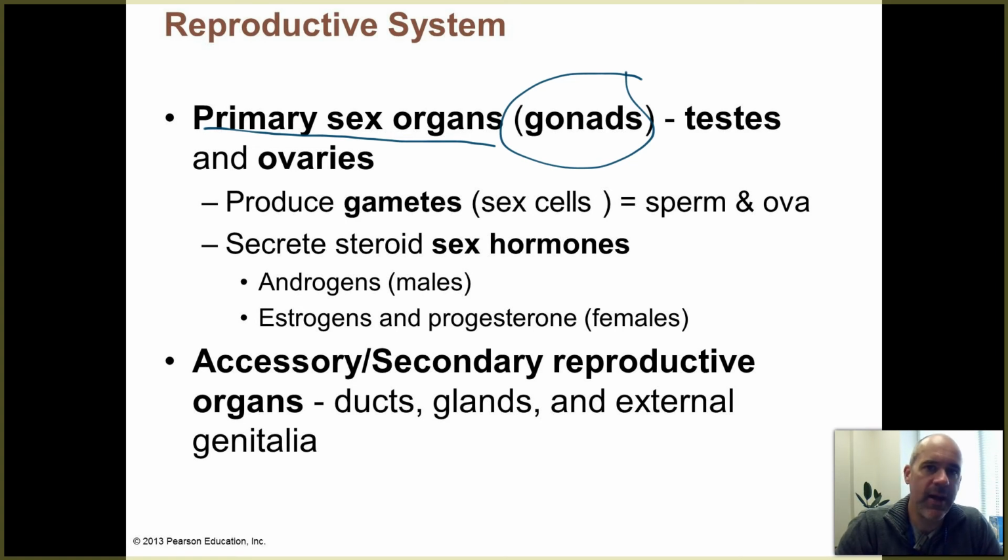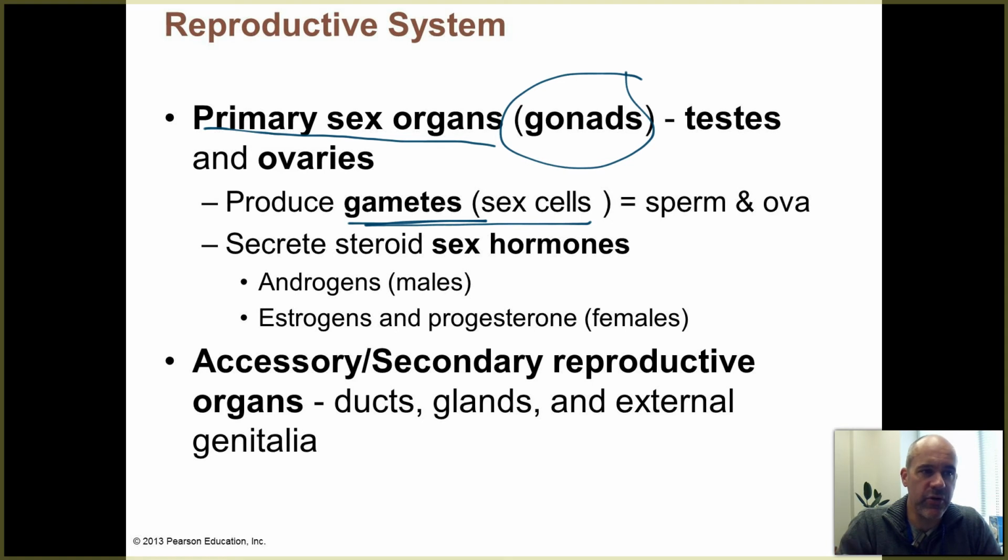And the reason why these are your primary sex organs is because in males the testes are the sites of sperm development, and in ovaries that's where the egg cells develop, also known as the oocytes. Oocytes is another term for egg cells that we'll be using. Okay, so sex cells are also called gametes. That's another term you should be familiar with, and again in males those are called sperm.